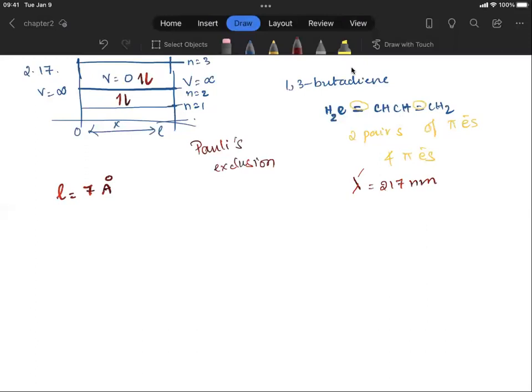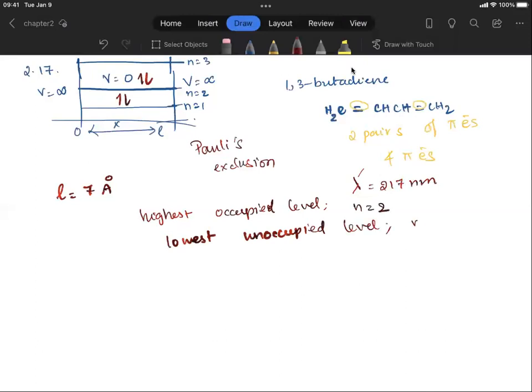So the highest occupied level is N is equal to 2, right? And the lowest unoccupied level is N is equal to 3.